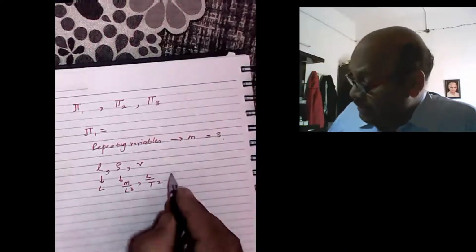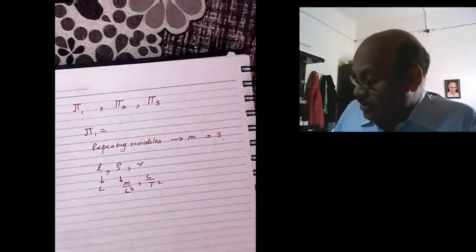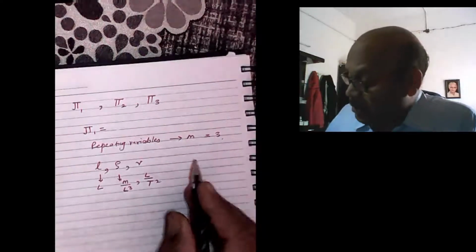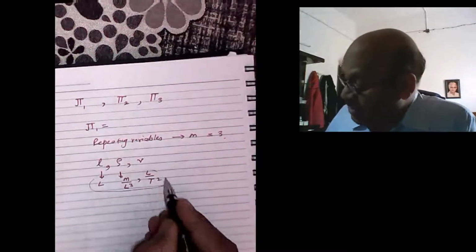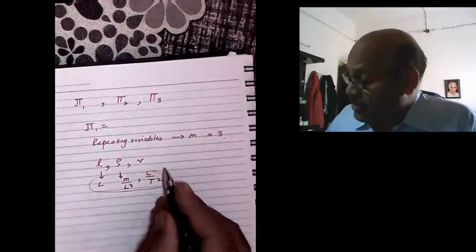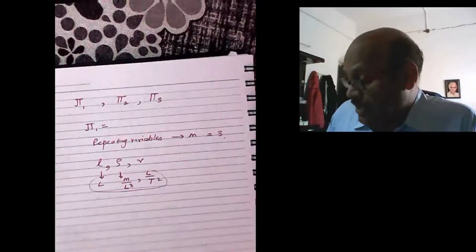So look at this. It has got M also, L also, and T also. Together they do not form a non-dimensional group. Whatever division or multiplication you do with these 3 terms, they will not vanish, so something will remain. So non-dimensional group formation is not possible with such repeating variables. That has to be kept in mind.